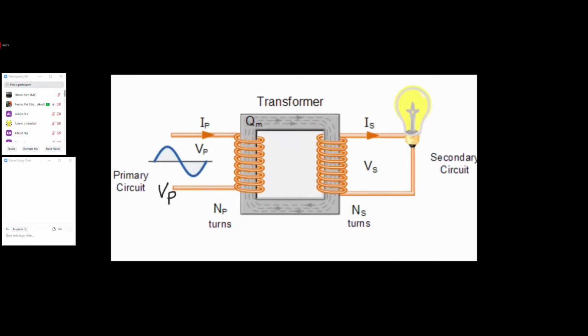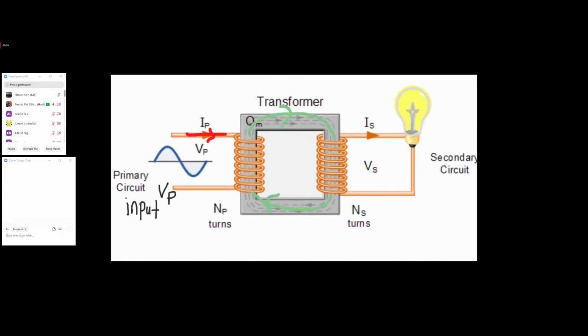This is the input. When the primary current flows in the primary coil, it will produce the electromagnetic field.